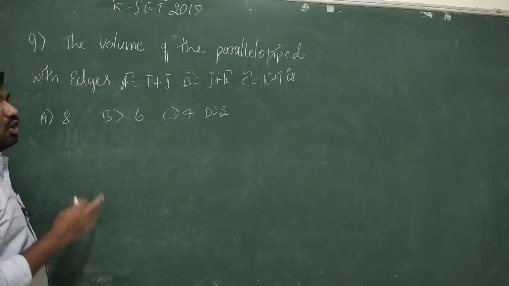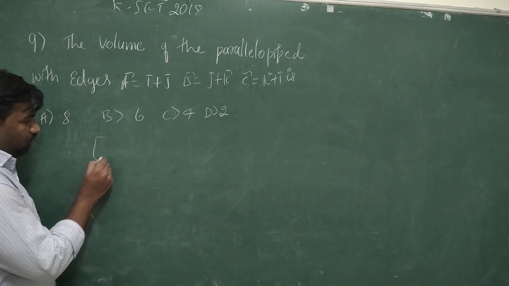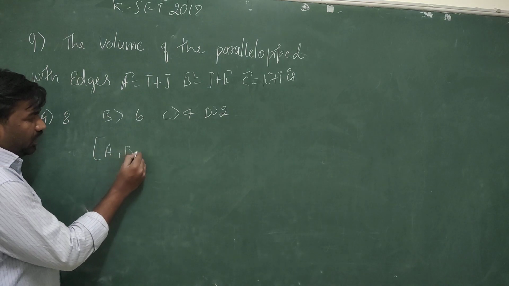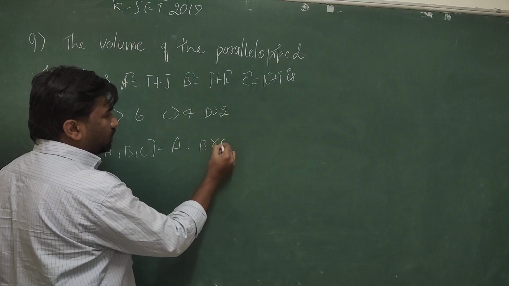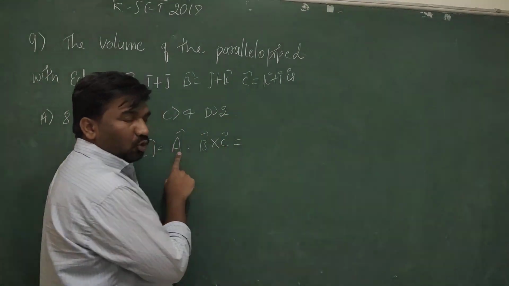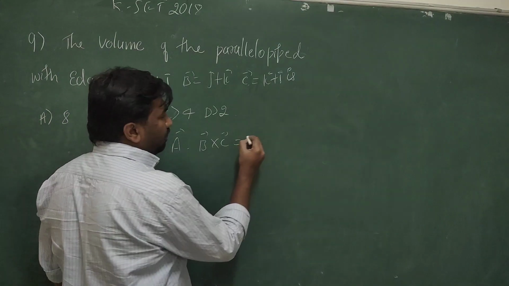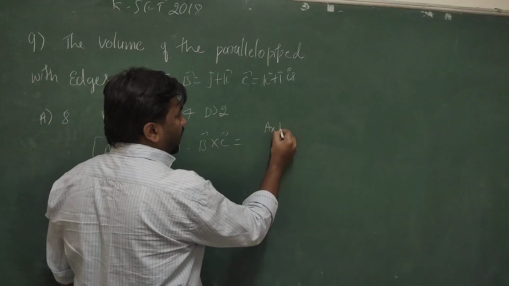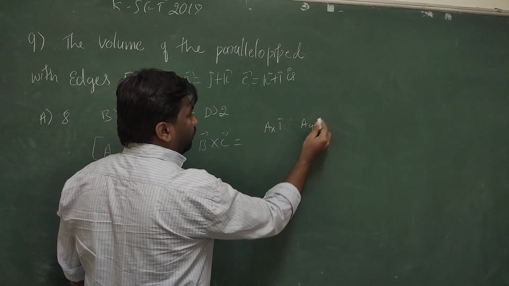So we know that the volume of the parallelepiped is equal to A dot B cross C, where A is AX I cap plus AY J cap plus AZ K cap.